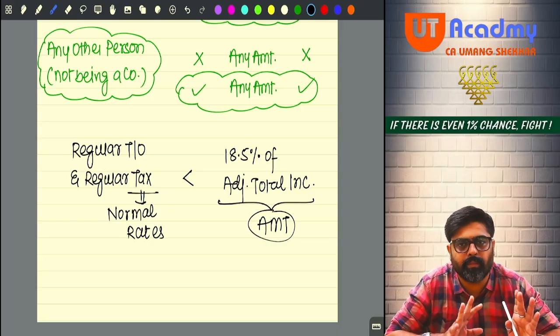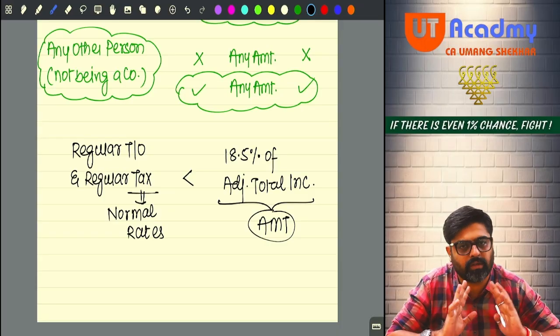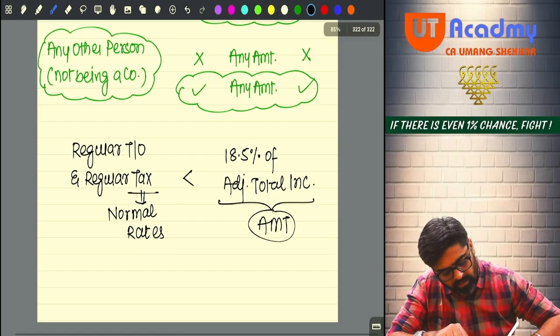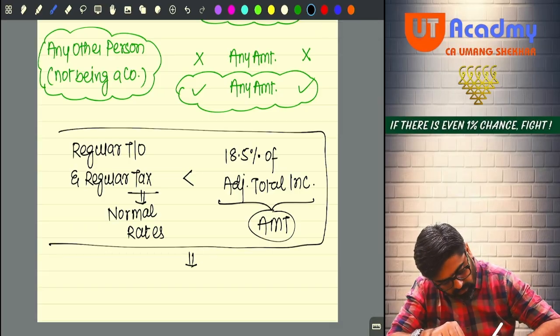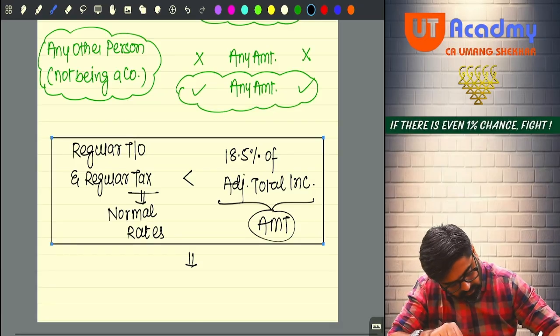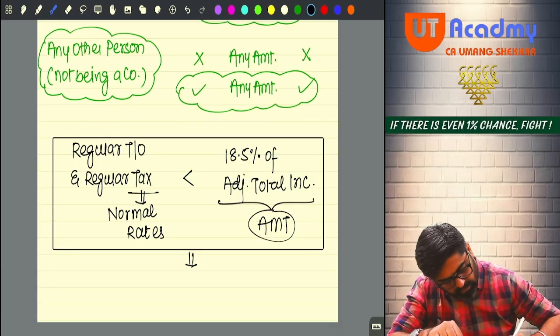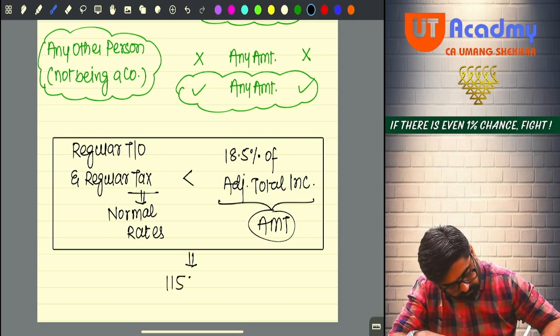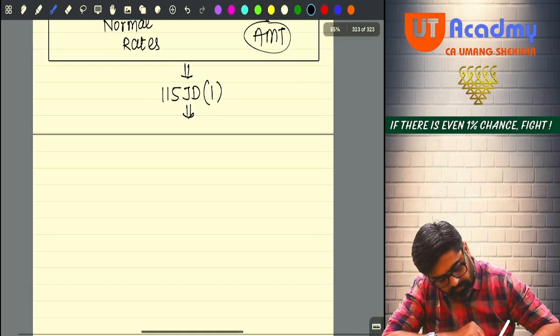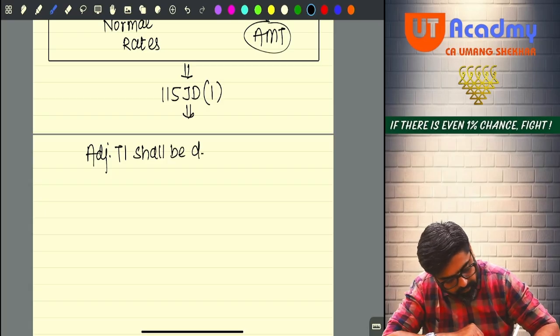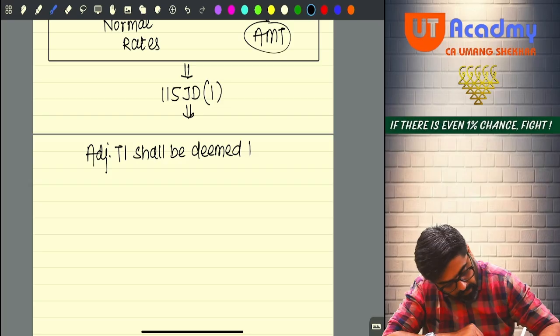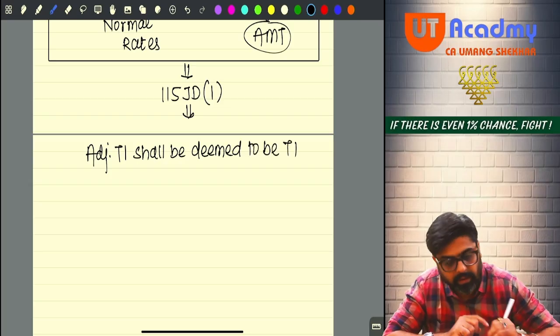Now, if your alternate minimum tax is more than the regular tax which is calculated, and this condition is fulfilled, then section 115JD subsection 1 says that adjusted total income shall be deemed to be the total income of the assessee.